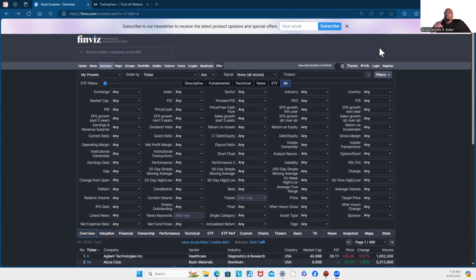Keep in mind that TradingView has a screener also, and it's fairly good and fairly simple.